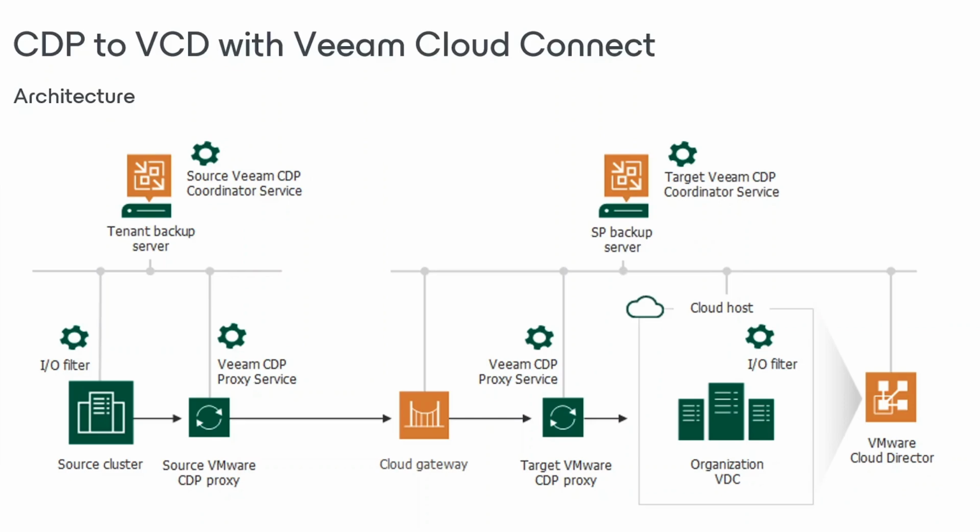The main difference here is that to be able to use an organization VDC for CDP, you must install the I/O filter on each VDC where VApps reside, right? Then it will automatically deploy the I/O filter on all of the underlying clusters or hosts that are impacted.